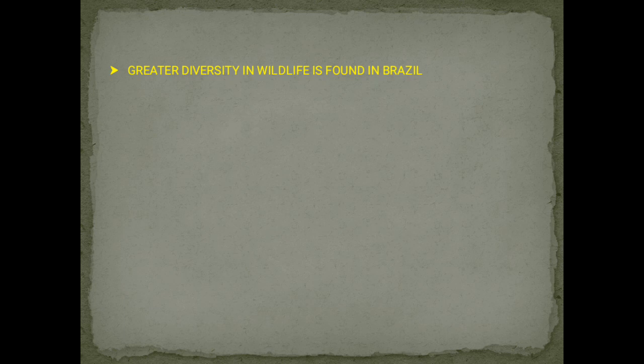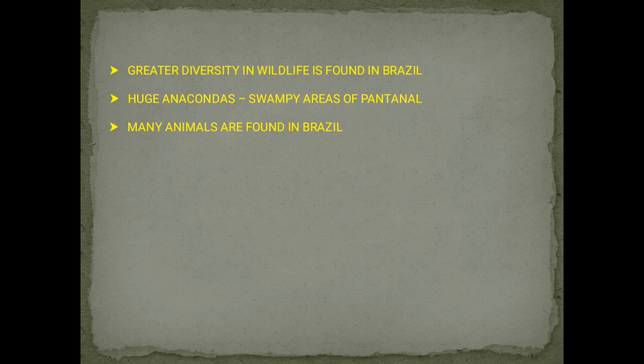A greater diversity in wildlife is found in Brazil than any other country in the world. In the swampy areas of Pantanal, huge anacondas are found. In Brazil, guinea pigs, crocodiles, alligators, monkeys, pumas, leopards, etc. are found.